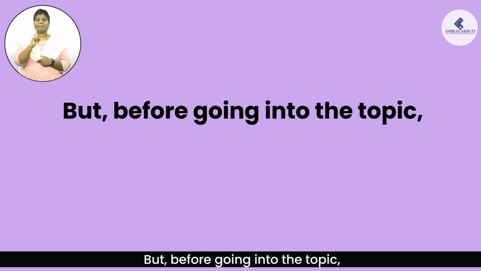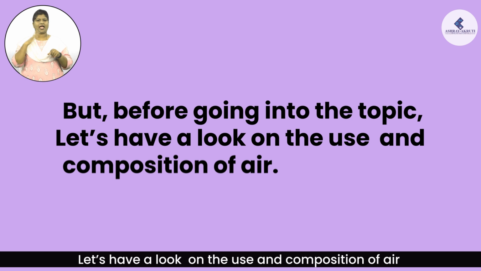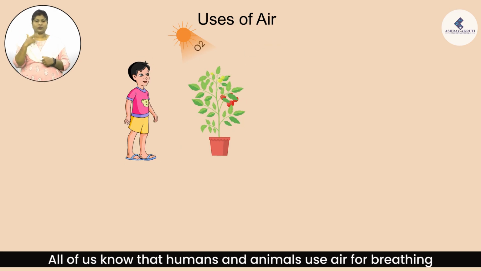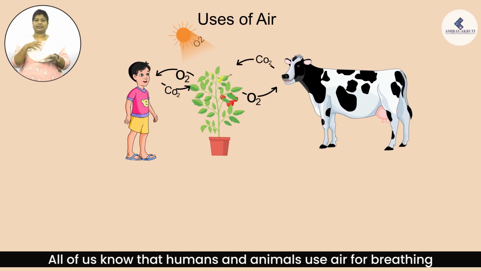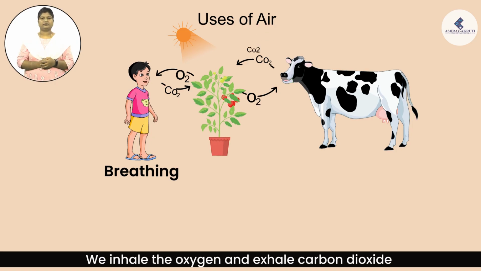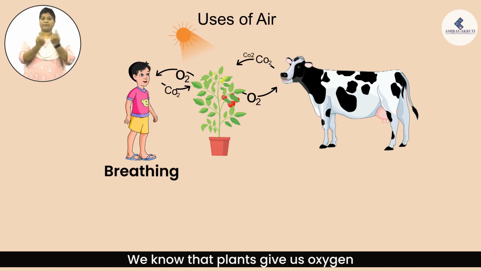But before going into the topic, let's have a look on the uses and the composition of air. All of us know that humans and animals use air for breathing. We inhale the oxygen and we exhale the carbon dioxide. We know that plants give us oxygen.